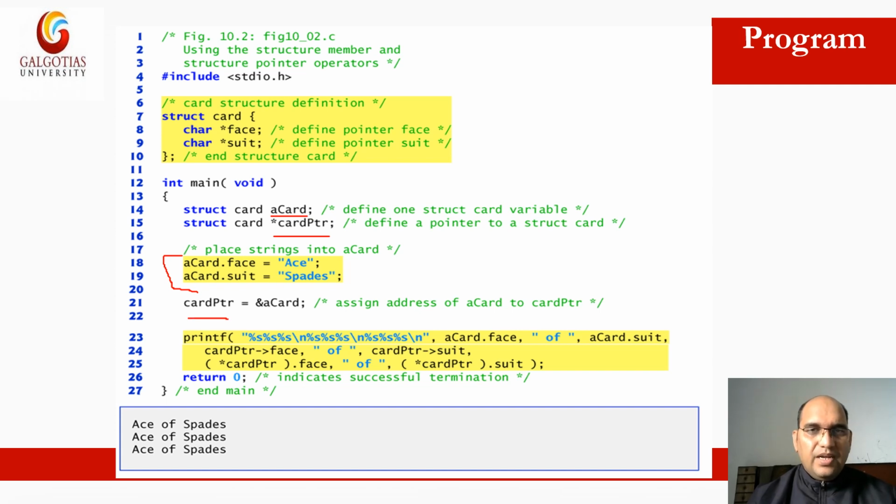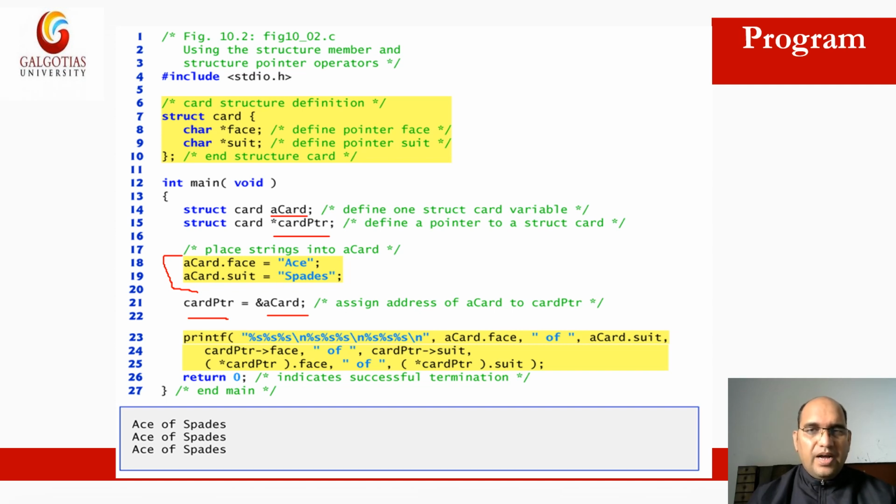So how have we done that? The address of a card. So a card is a normal structure variable, and with this special operator we find the address of this particular structure, and then that value is copied into the card pointer, right? So the card pointer is now pointing to the structure a card.